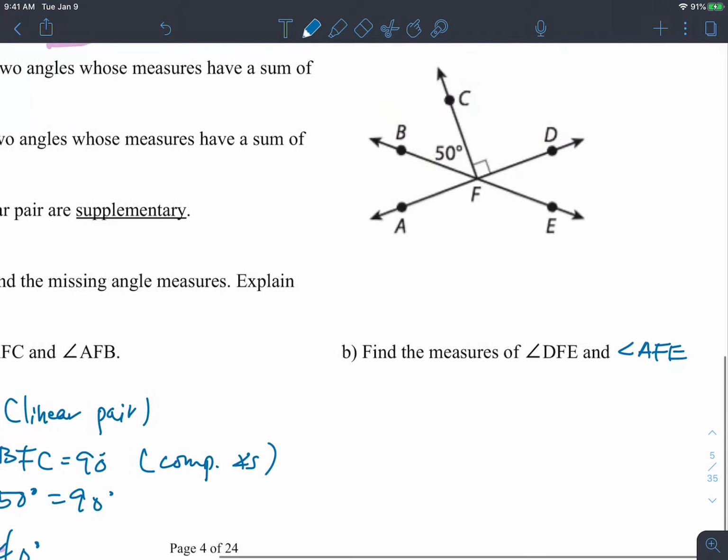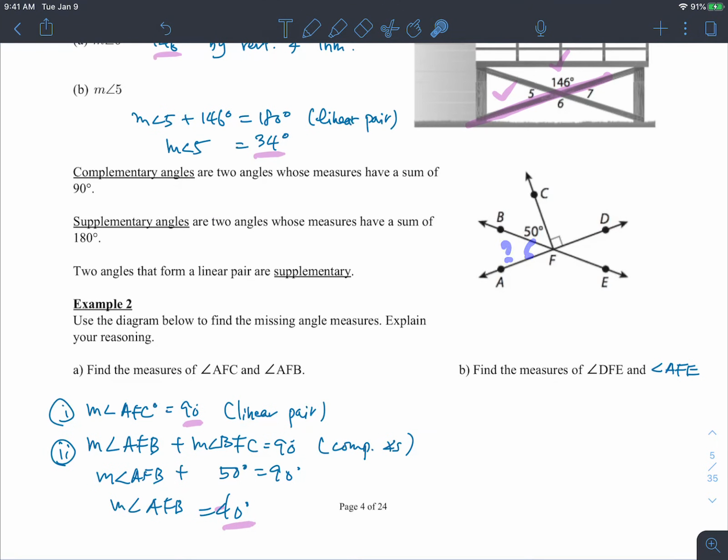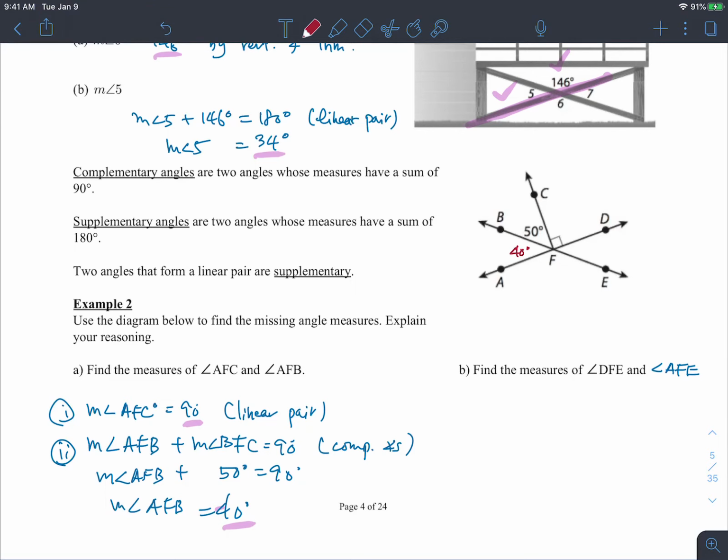What is the measure of DFE? That is DFE. Is that the same as this, right? And we just found that to be 40 degrees, right? So this has to be also 40 degrees. What's the reason? Vertical angles, right?